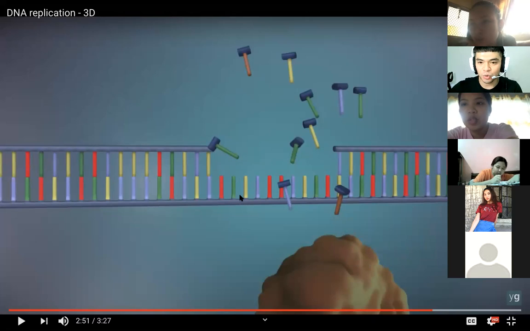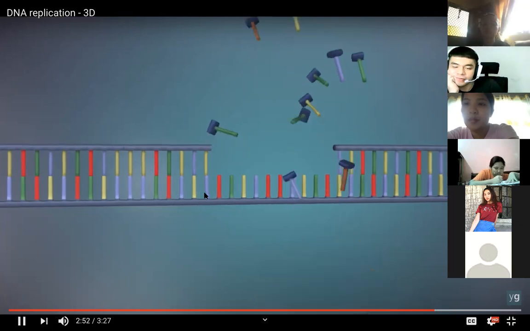Yes, 5 to 3. Siya rin ba yung magre-replace nung DNA? Same direction ba? 5 to 3 din? I-double check niya ba? Paano siya mag-double check? Lingon. So pag lingon, 3 to 5. Very good.